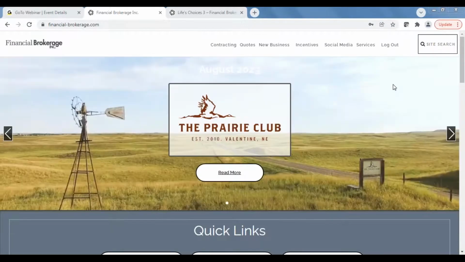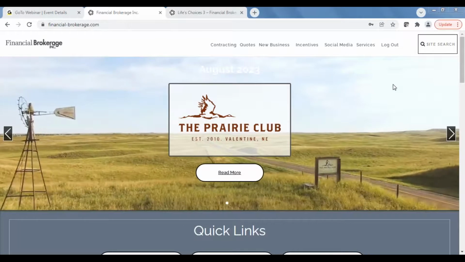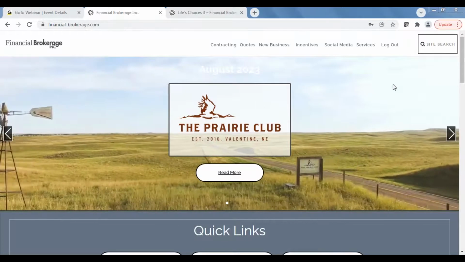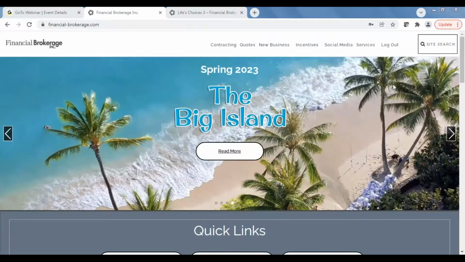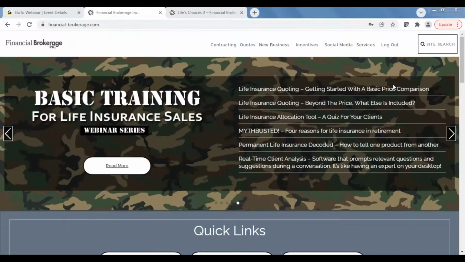So you're making the bulk of your income off of some other type of insurance or investment product. And again, they're designed to help you become more comfortable bringing up in conversation and ultimately quoting, presenting, and selling life insurance to those clients to tie them even more closely into you as their agent or advisor.